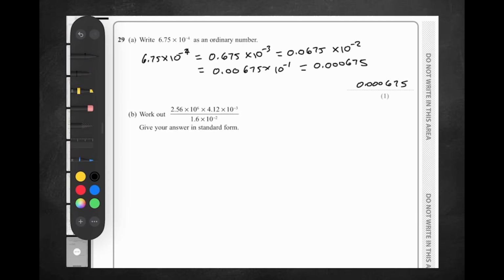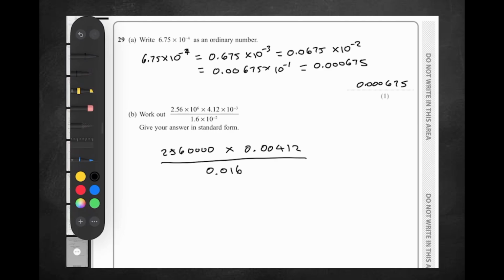So 2.56 times 10 to the power 6 is 2,561,234 zeros, multiplied by 4.12 times 10 to the power minus 3 is 0.00412, divided by 1.6 times 10 to the minus 2, which is 0.016.